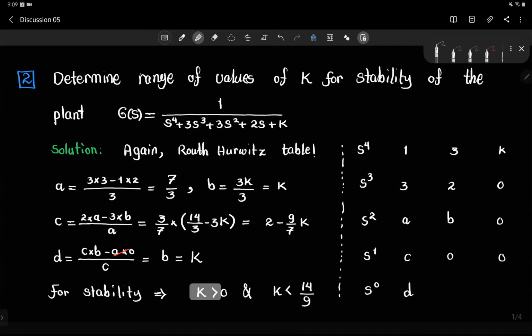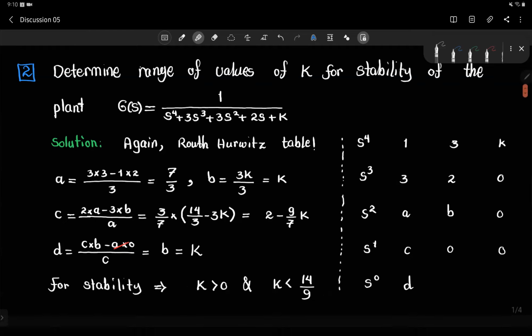So C gives us this term. After manipulating this a little bit, it gives us that k has to be less than 14 divided by 9. And D gives us that k has to be bigger than 0. So to satisfy stability, the range of stability is that k is between 0 and 14 over 9.